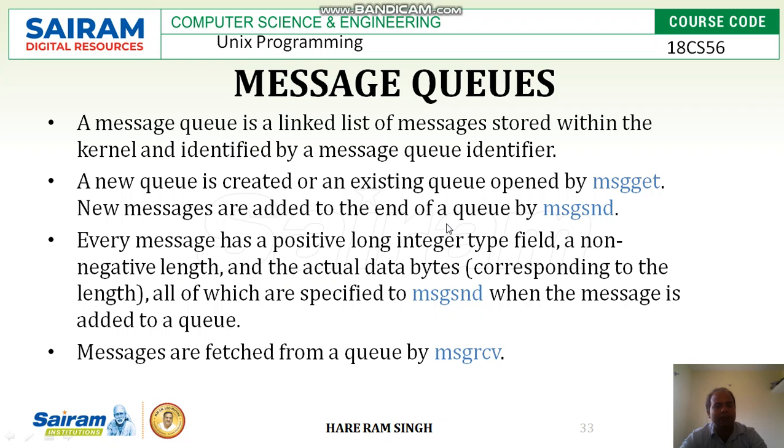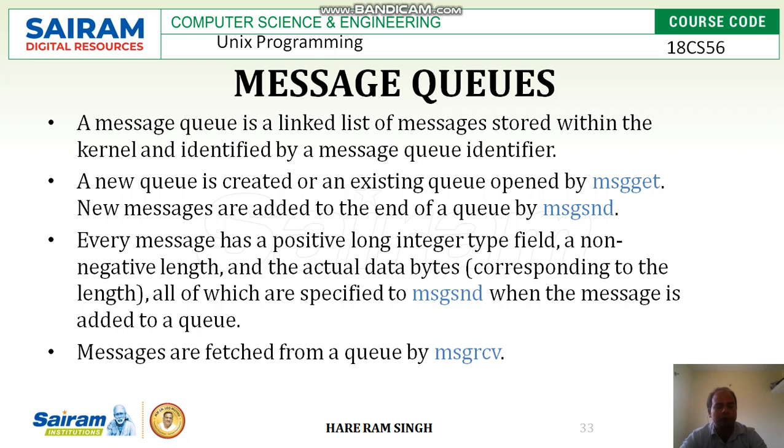Here three fields are there. One is the positive long integer type field, which will identify the message. Then a non-negative length, of course the length of the message should be there, and the actual data bytes.